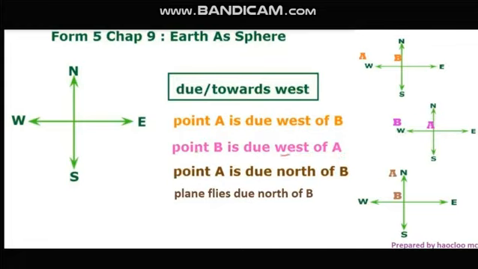So the question says that point B is towards the west of A. Then the third example, point A is due north of B. So point B in the center, towards the north of B is point A.